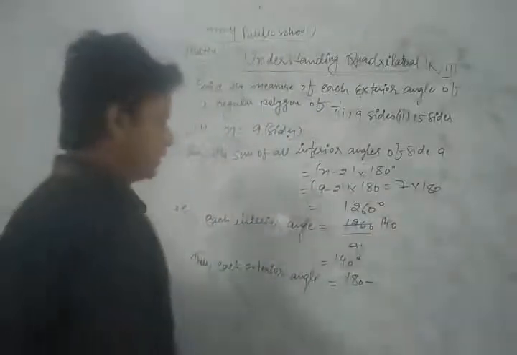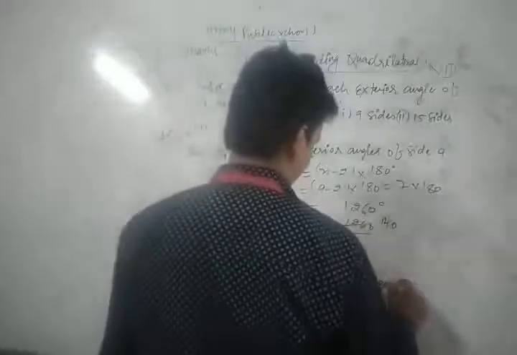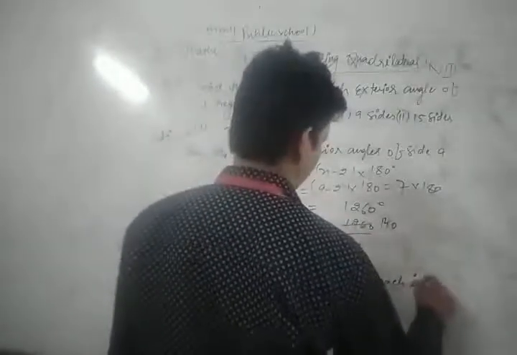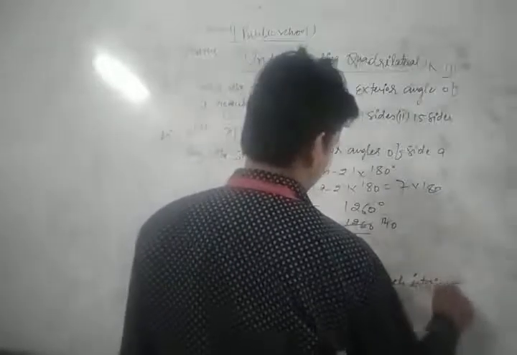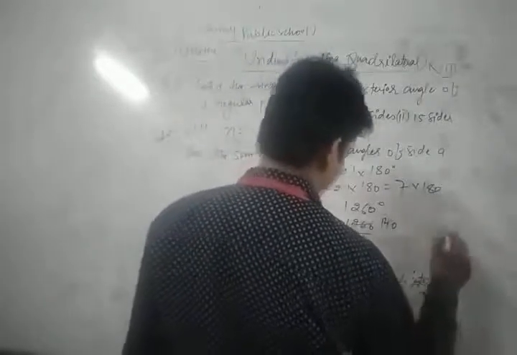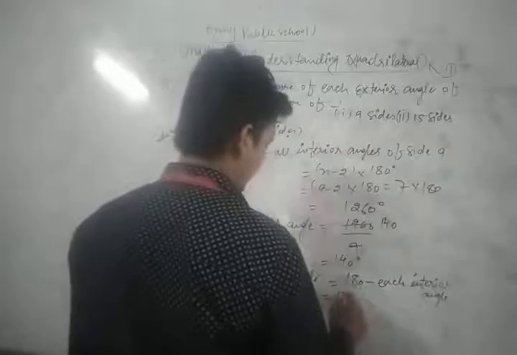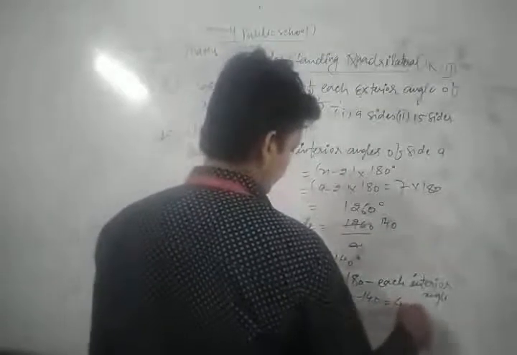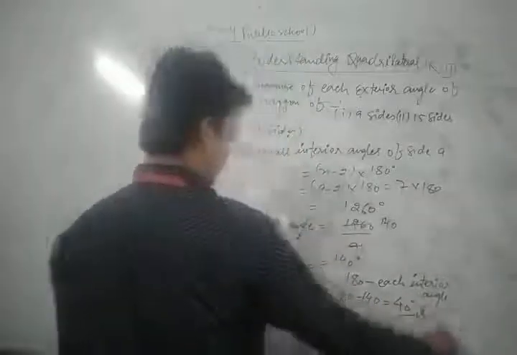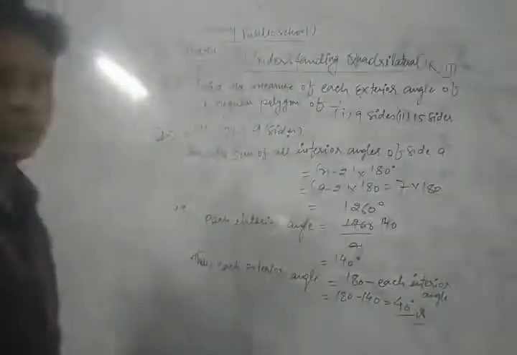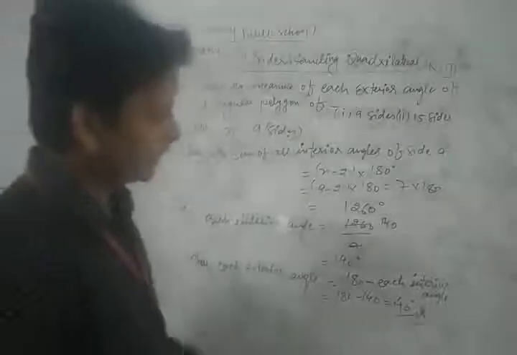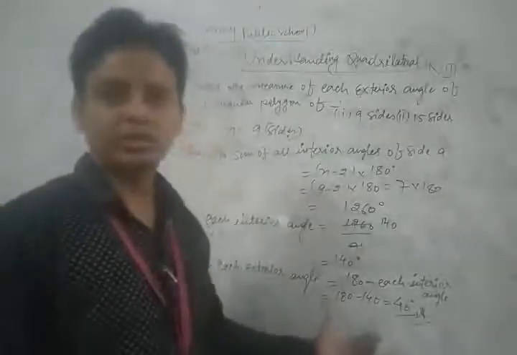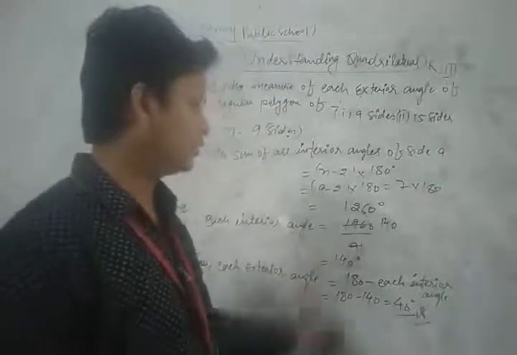So 180 minus 140 is equal to 40. This is the answer. This is the required solution of the given question. Using that concept, you can solve each and every question of your NCERT exercise based on this topic.